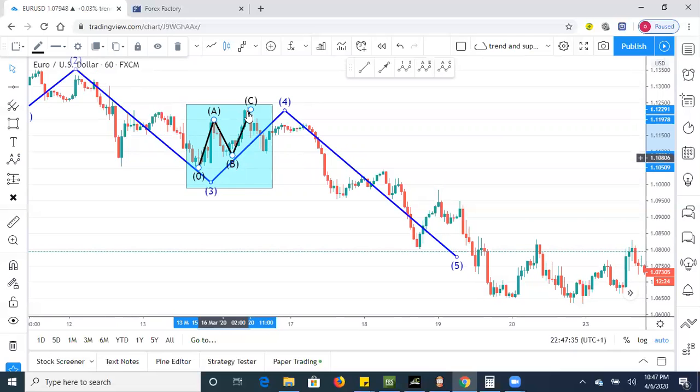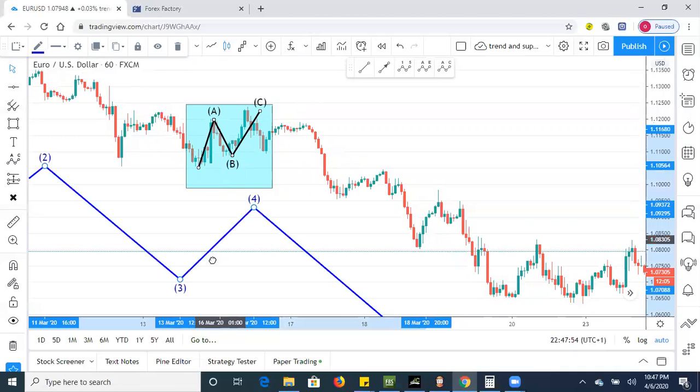If you were buying off this point, there's every likelihood you could have lost this trade or just got something little out of it. But notice what you could have made in this move down, right? This big move down.